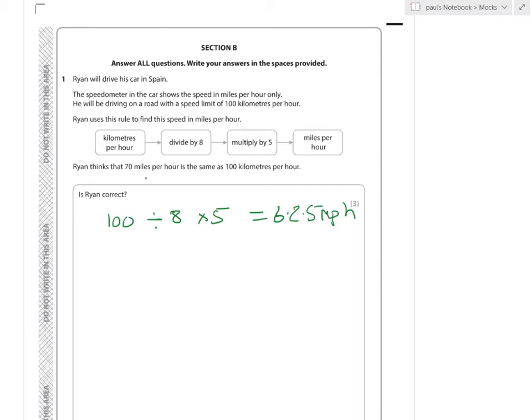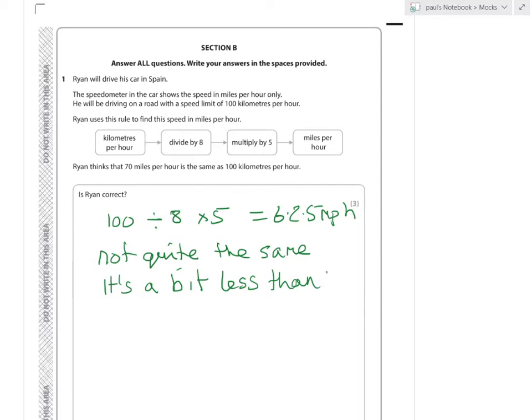It's about the same? No, not quite the same. It's a bit less than 70 miles an hour.